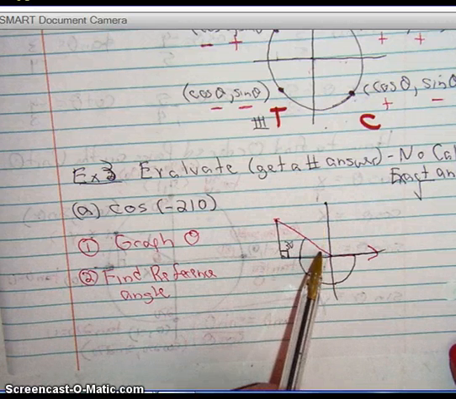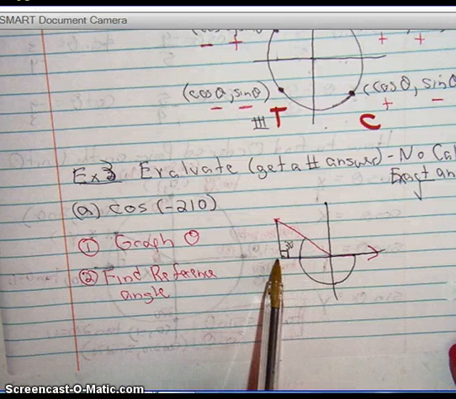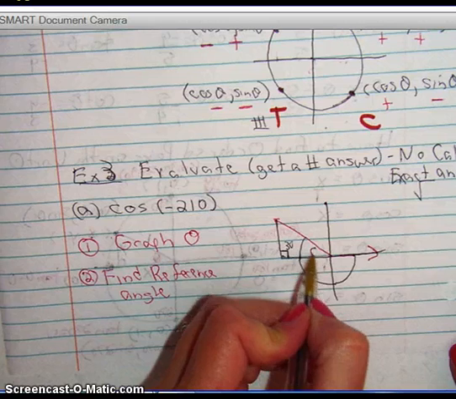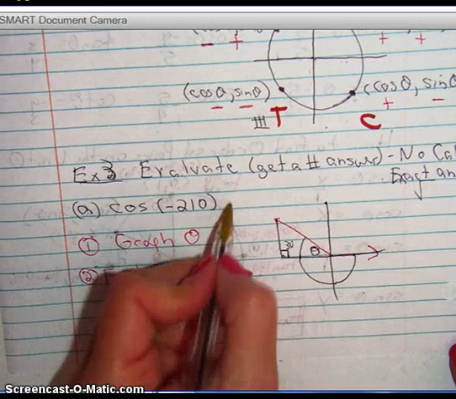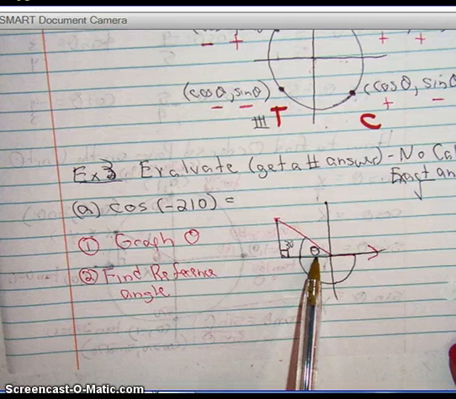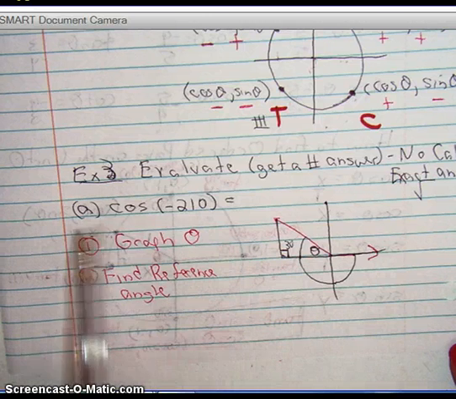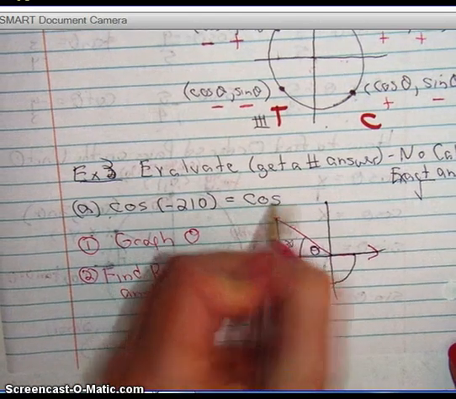And the reference angle is the one formed by the terminal side and the x-axis. So this is your new theta right inside there. Well, tell me this. How many degrees was theta? 30 degrees. So now we're not doing cosine of -210 anymore. We're doing cosine of 30.